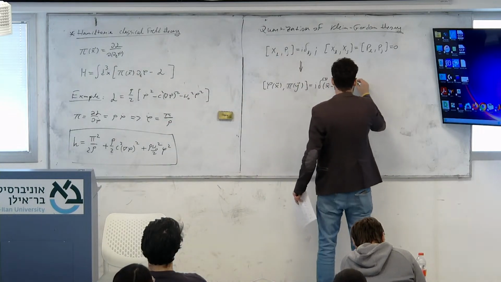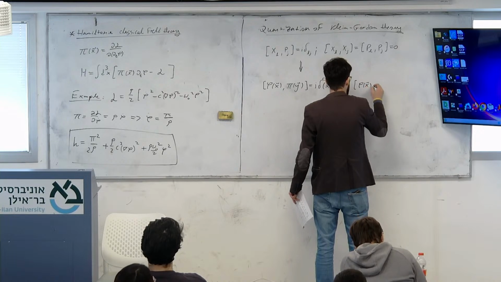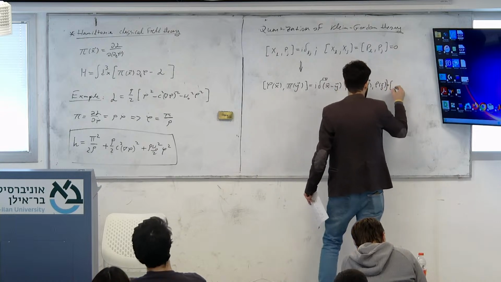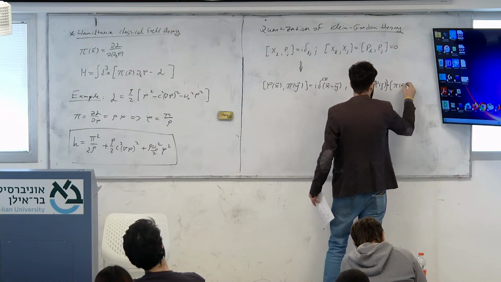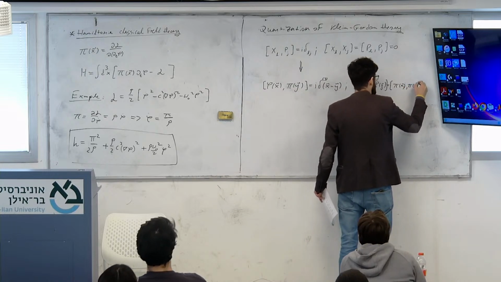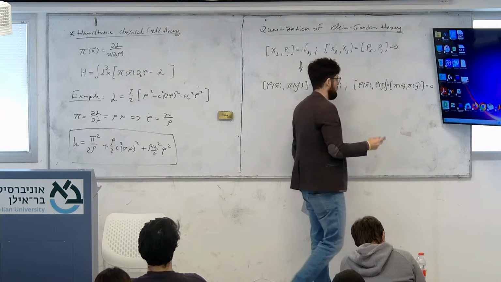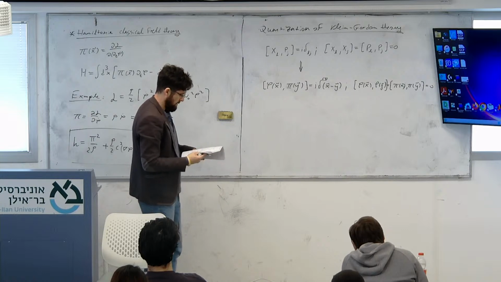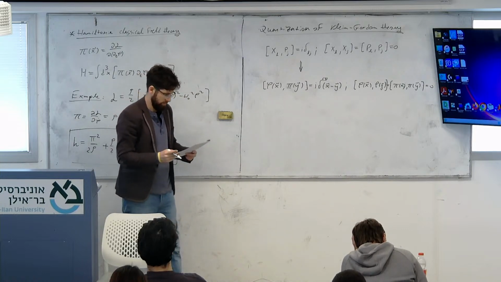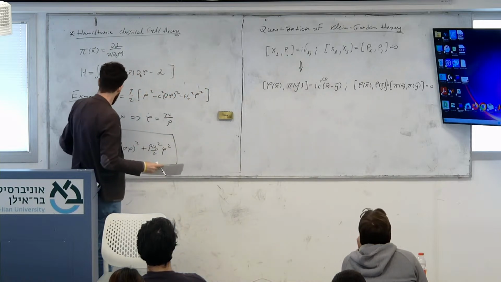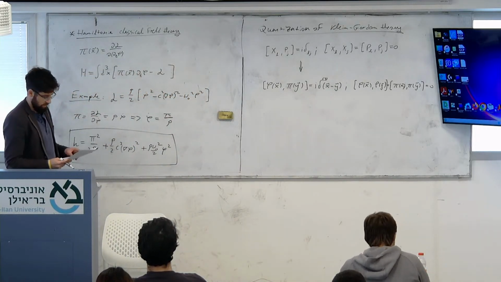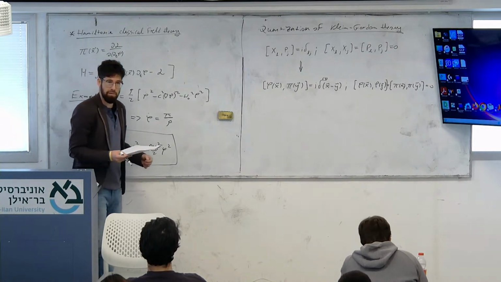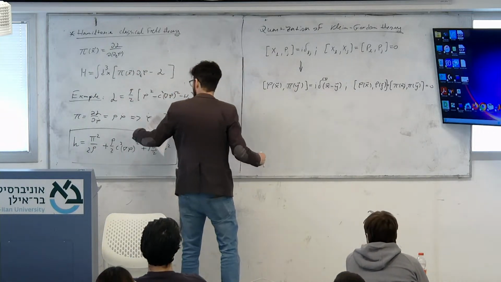And similarly, phi of x and phi of y commute, and also pi of x and pi of y commute. So now we have these operators, and the Hamiltonian also becomes an operator. Okay, so the Hamiltonian that we have here is just an operator. That's it, we quantized it. Okay, but now let's see what that means.